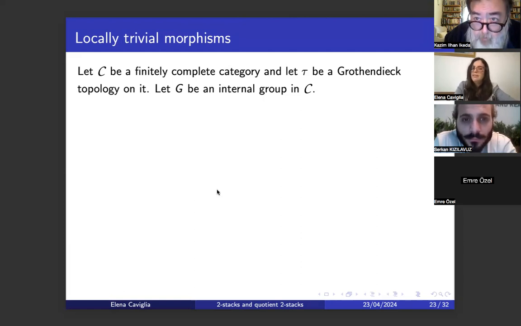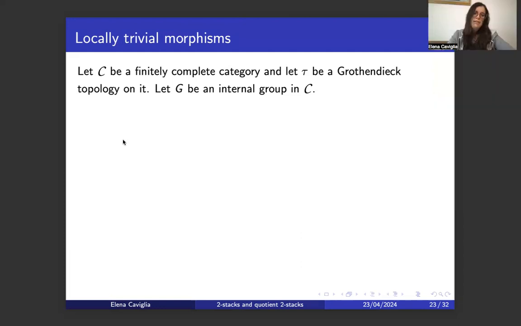And so I gave a general framework for these notions so that one can use them in any category, in different flavors. So if you know the notion of principal bundle for topological spaces, for example, you might remember that one of the ingredients is the notion of locally trivial morphism, which for topological spaces is something quite natural to define.